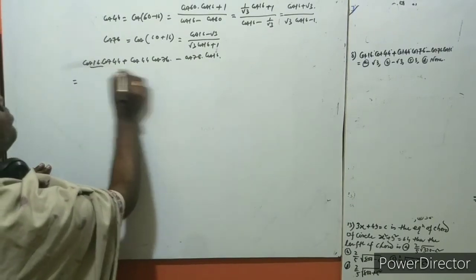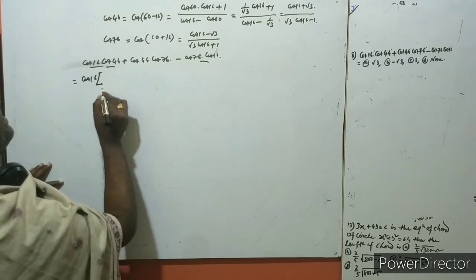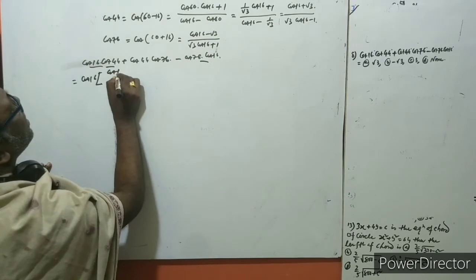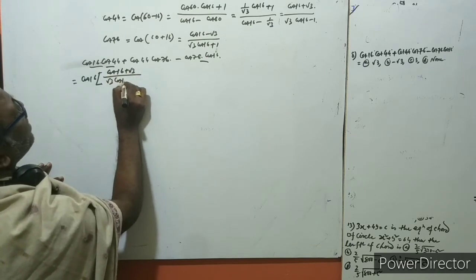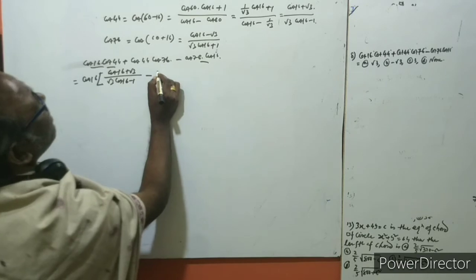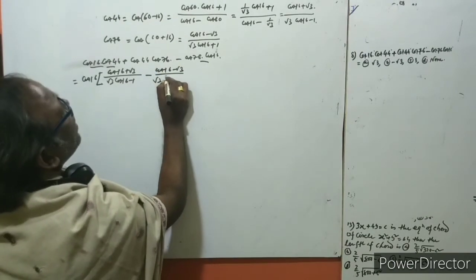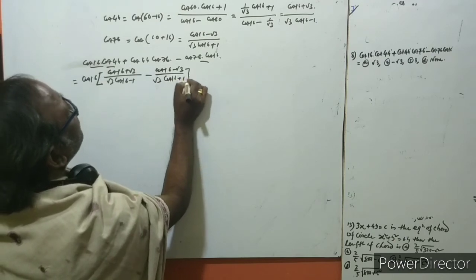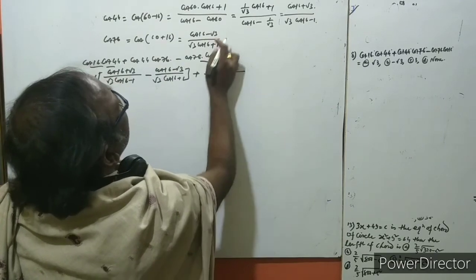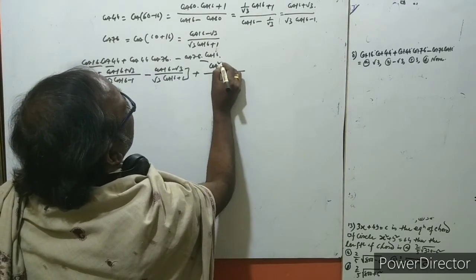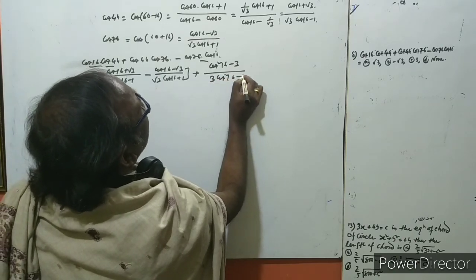So take common both of these, that is cot 16, and the values substituted here are cot 16 plus root 3 over root 3 cot 16 minus 1, and this is 76 here, cot 16 minus root 3 over root 3 cot 16 plus 1. And now see, this is the product of both, that can be expressed as a plus b, a minus b. So we easily get cot square 16 minus 3 here and 3 cot square 16 minus 1 here.